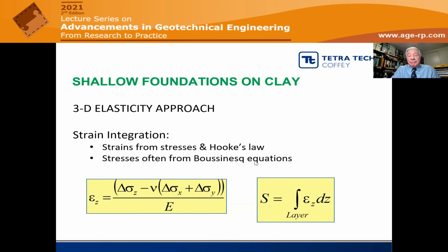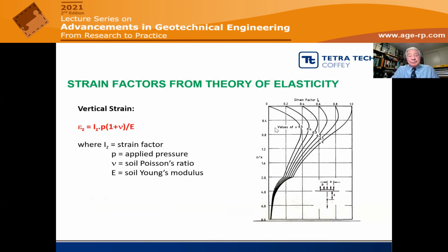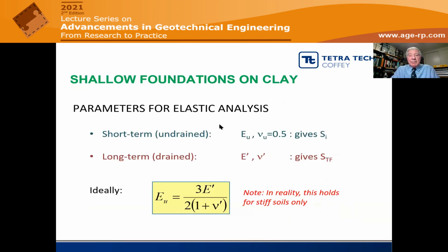The stresses we often get from Boussinesq's equations, and the strains from elastic theory. Here are some more detailed distributions of vertical strain with depth below the circular footing. So you can use those and calculate the strains at different levels and sum those up to get a settlement.